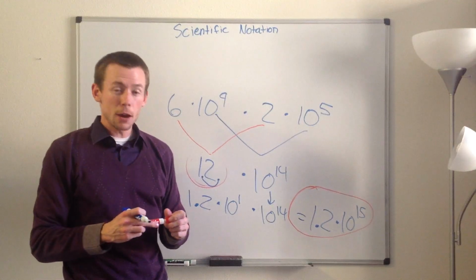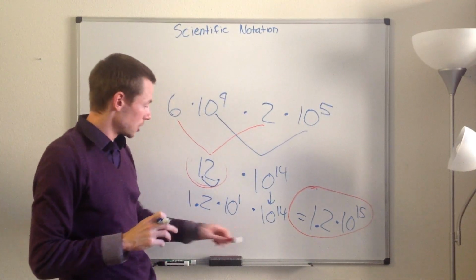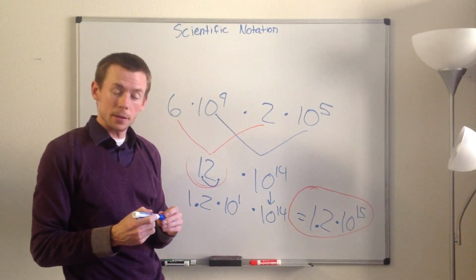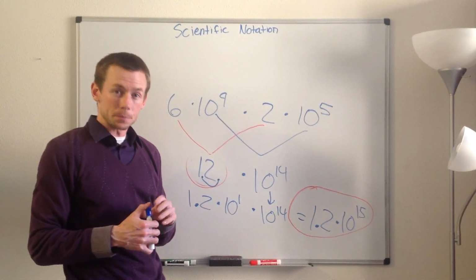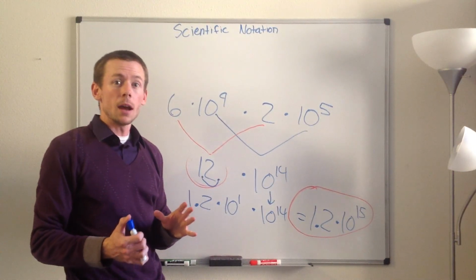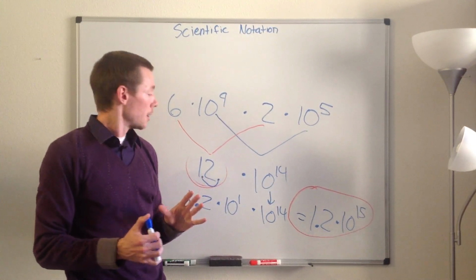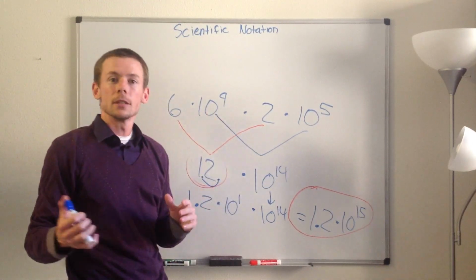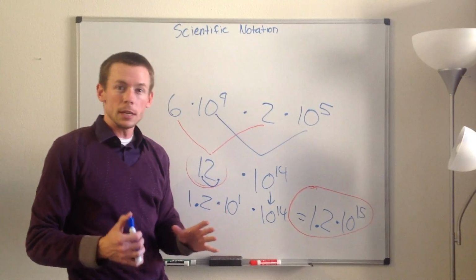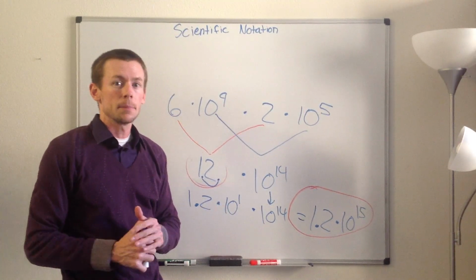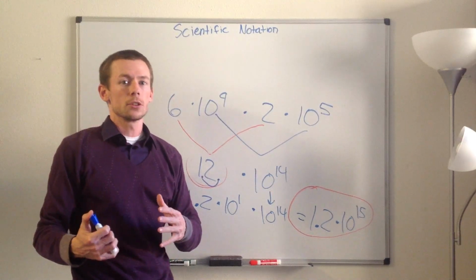So we just have to be careful that when you multiply the digits, if you land outside of 1 and 10, in other words, if you're not equal to 1 and below 10 in that range, then you need to make an adjustment by moving the decimal point either to the right or the left depending on the situation. Okay? All right, so that concludes this short lesson.